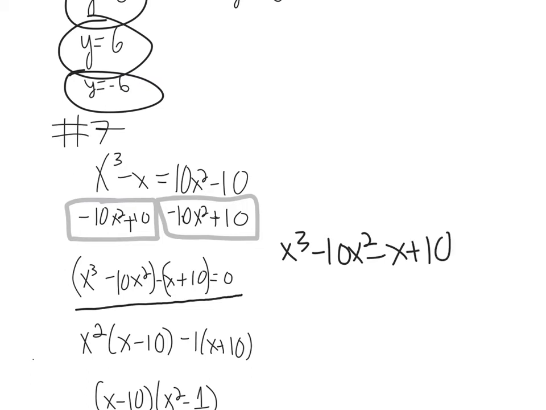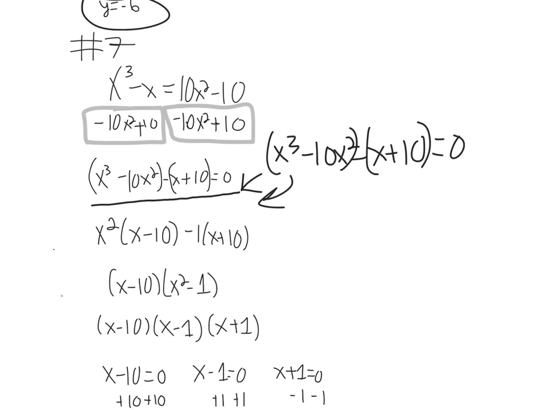What you want to do when you get that is just group it together like that, and then set it equal to 0. Once you have that, you're going to find anything you can take out. You can take out x squared times x minus 10 minus 1 times x plus 10.